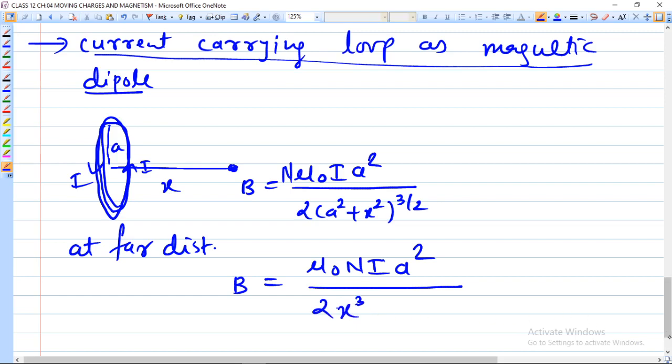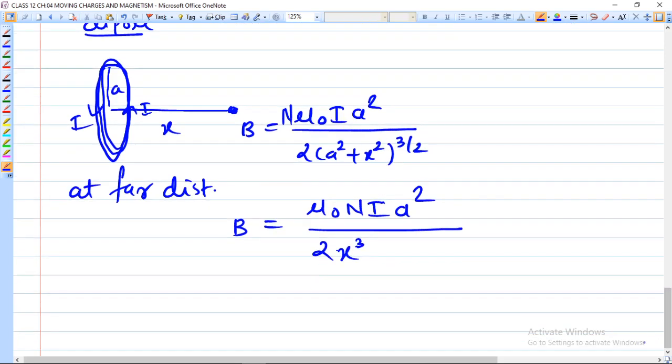Clear? Far distance means x is much greater than a.